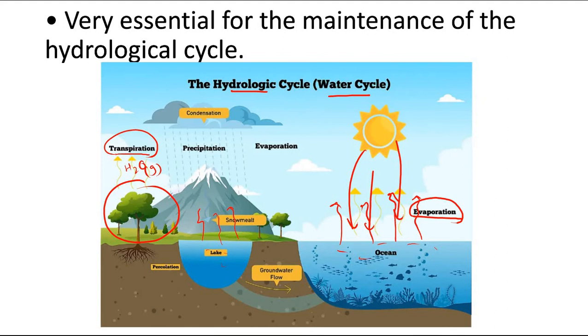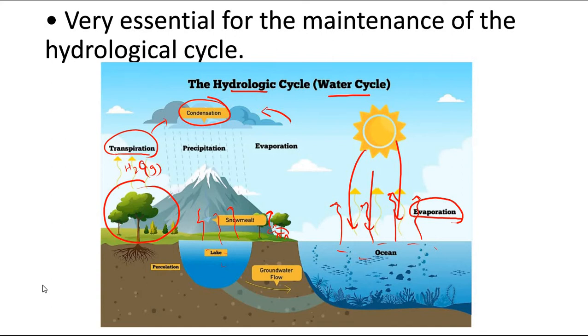And then animals, if there was an animal here, it will be breathing, therefore you will also get respiration basically, and all these gases or water vapor will get collected into one point and will get condensed and form clouds.